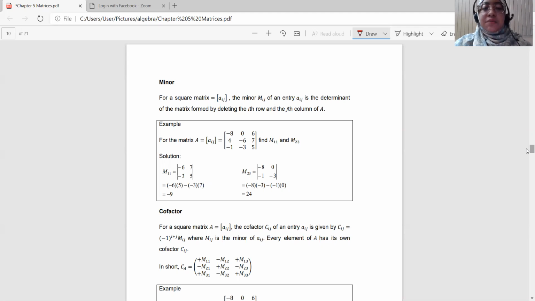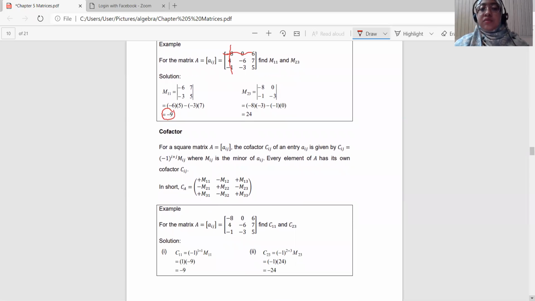If you want to find the minor of M11, it means we have to delete the first row and the first column. So we get the value of M11. If we find the minor for the whole matrix, this is how it looks.